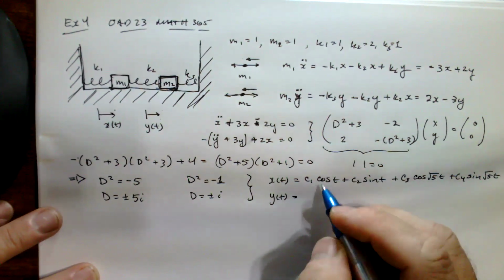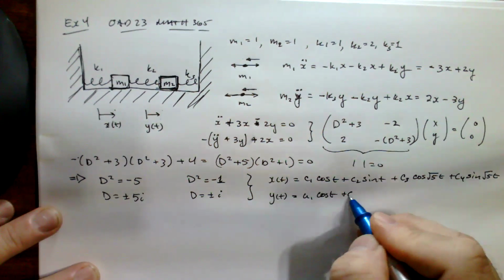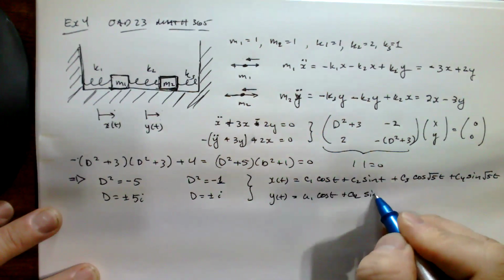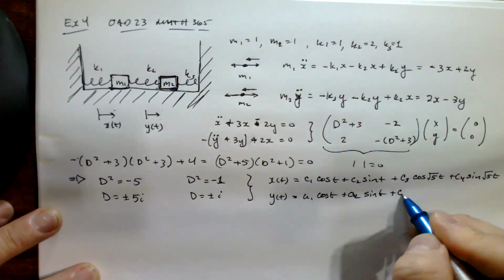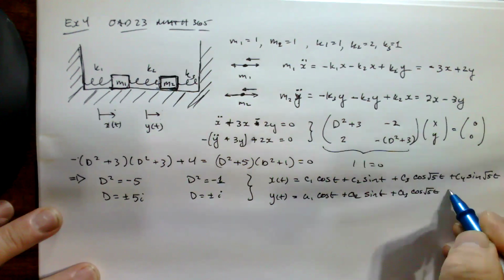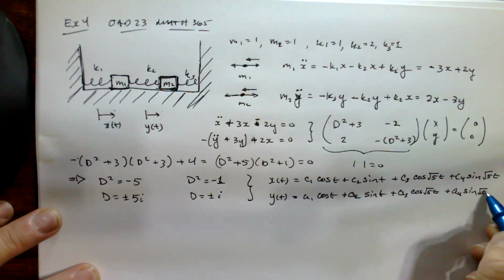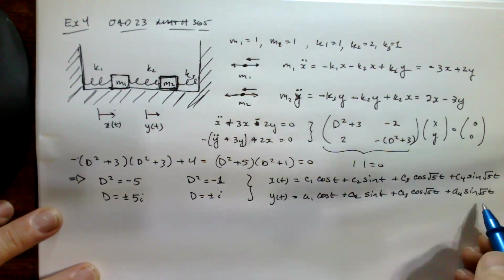And similarly, we'll go with a1 cosine t plus a2 sine t plus a3 cosine square root of 5t plus a4 sine square root of 5t. Okay, so those are our two equations.